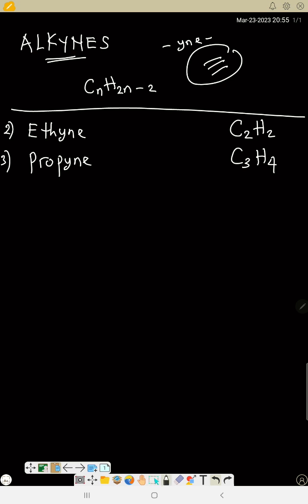So we have 3 carbons, 1, 2, 3, and 4 hydrogen. Let's say 1, 2 here, 1, 2 here, 1, 2. Now if you look at this very well, how many carbon do you have? 3.